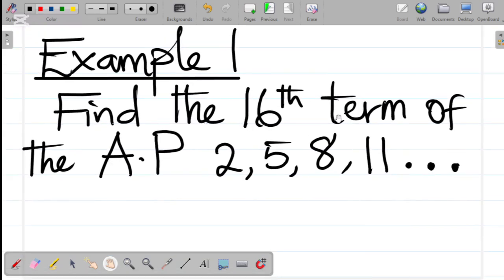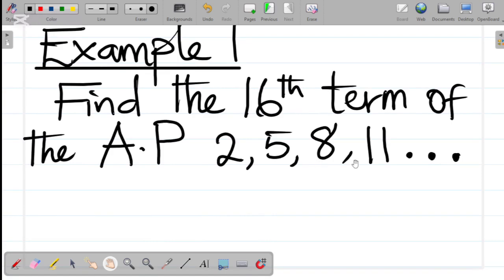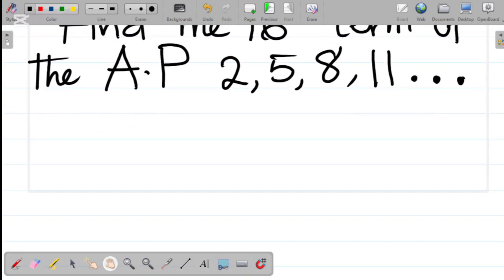Find the 16th term of the arithmetic progression 2, 5, 8, 11, and it goes on and on. All right, so you can see that this is a sequence. And we are asked to find the 16th term. What we have here is only 4 terms: 2, 5, 8, and 11. And we are asked to find the 16th term of this arithmetic progression.